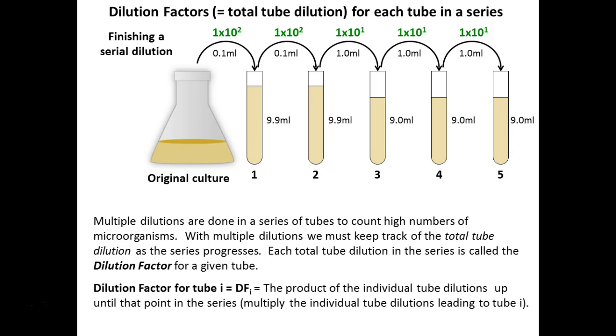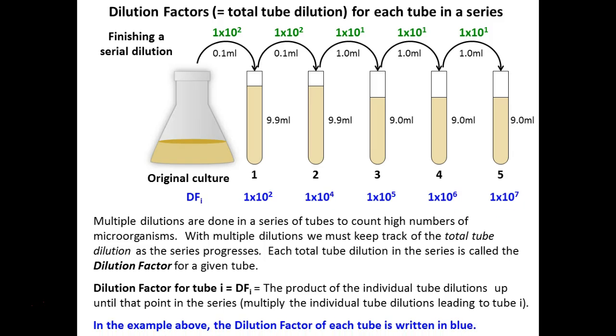So if we want our dilution factor, which is what we actually need, we just add our exponents. Now the first tube, there isn't a dilution before it, so it's the same as the dilution to make the tube. But after that, this tube is the combination of the dilution to make the tube and the dilution that we took it from. So we would multiply them. In this case, we add the exponents.